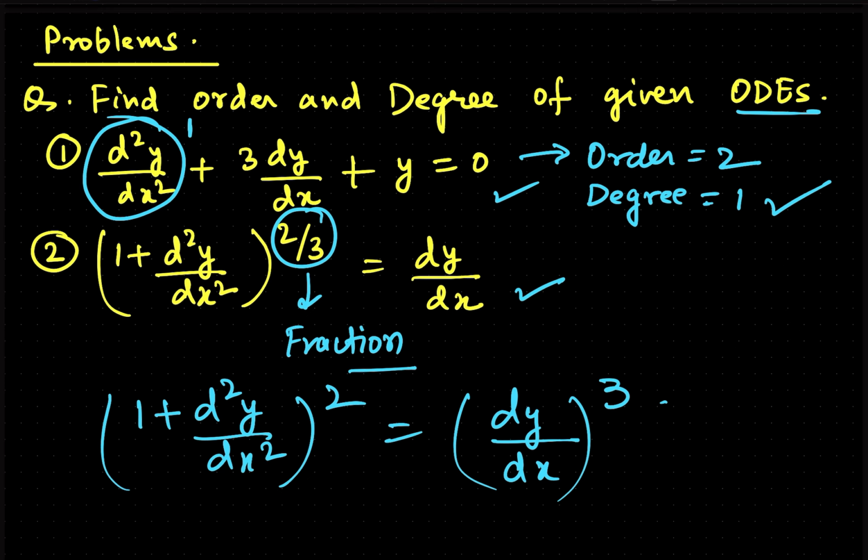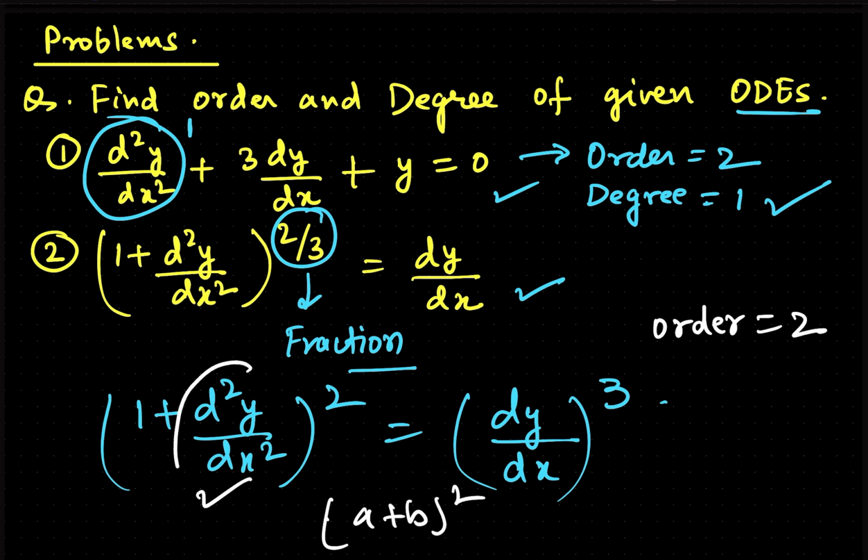Now let's find the order and degree. The highest order derivative here is the second order, so your order is again 2. If you see the power of this highest order derivative, when we expand this in (a plus b) whole squared form, you will get a squared in this. So the power of the highest order derivative will be 2 again, because you know this expansion.